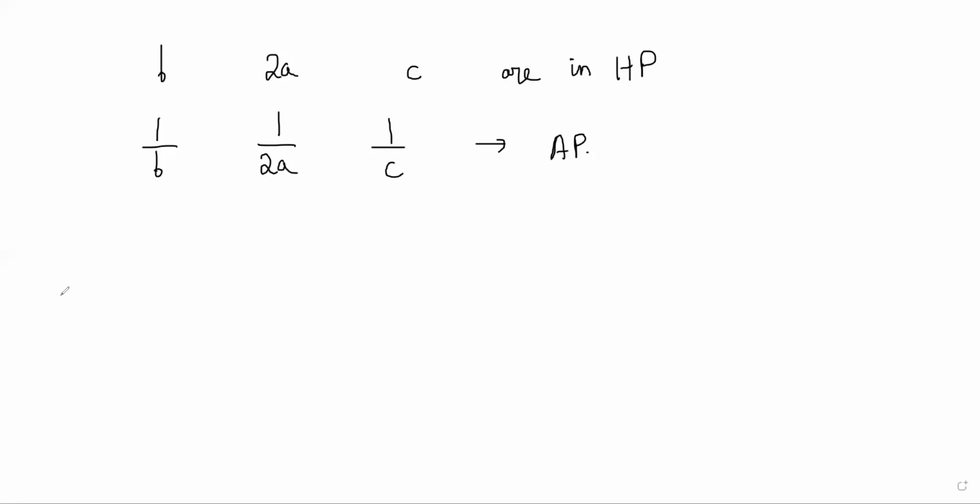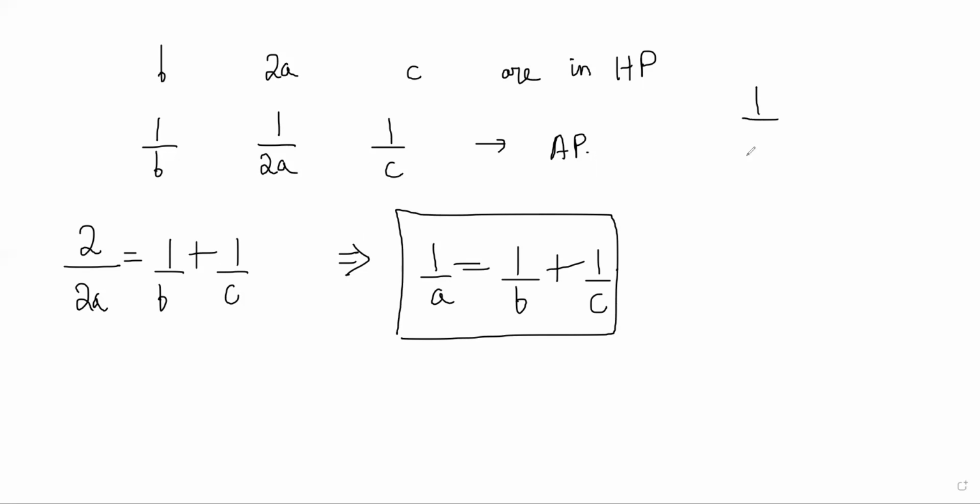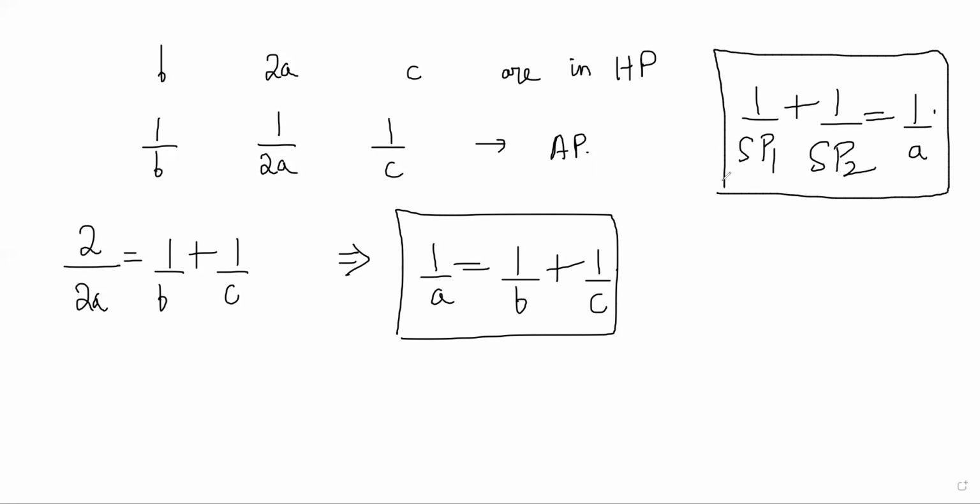So the result would be 2 times middle term should be equal to sum of the extreme terms, right? Basically 1 by A should be equal to 1 by B plus 1 by C, right? And if you remember, you have just now proved in a different question 1 by SP1 plus 1 by SP2 was equal to 1 by A, right? We did that earlier, you did it, right?